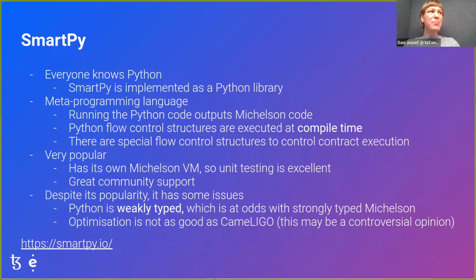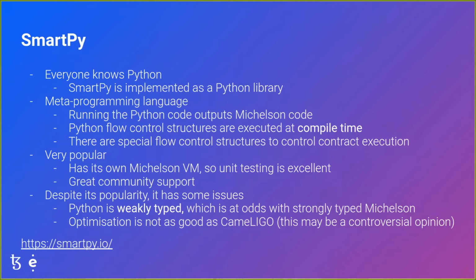Now, this is a personal digression, but we don't really prefer SmartPy, because Python is weakly typed and Michelson is strongly typed, which means there's friction where the two things meet, and it just becomes a little bit overcomplicated because of that.